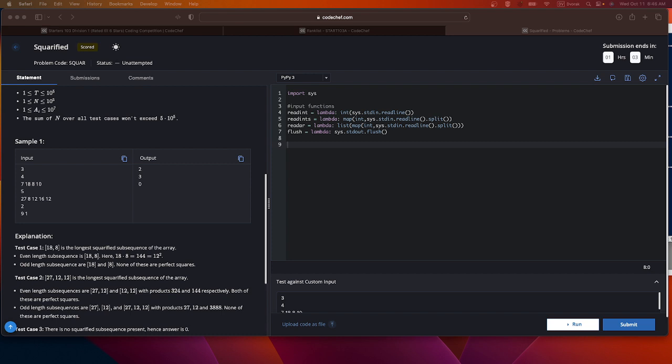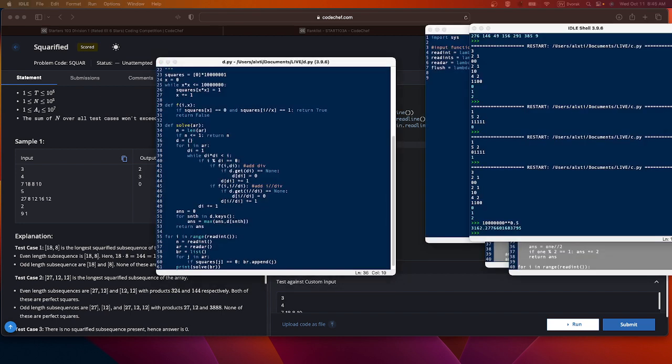Dictionary, give me the dictionary. Did I put an extra space or something? No, that doesn't do anything.